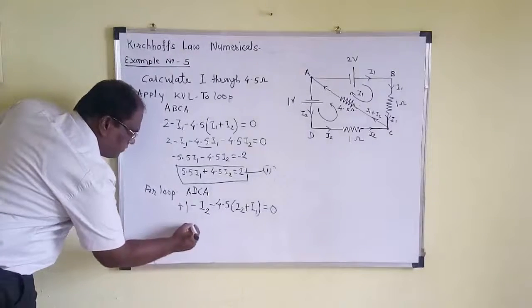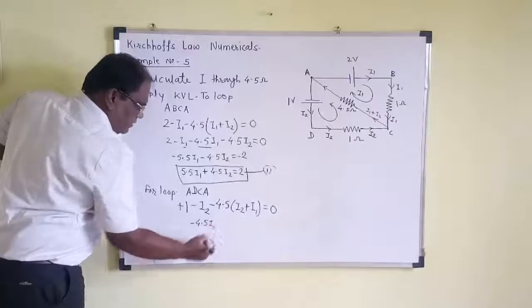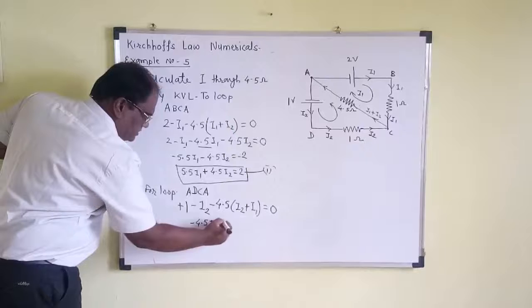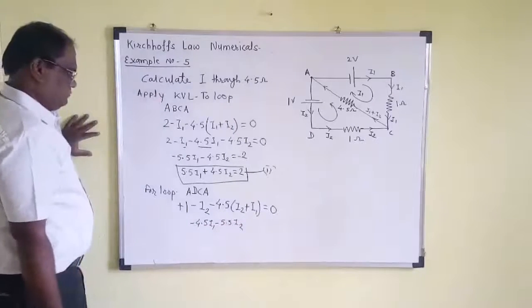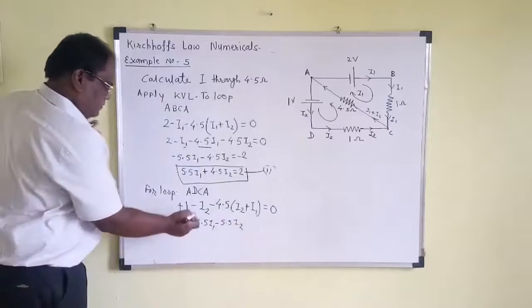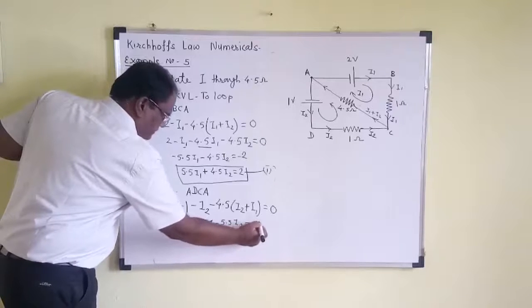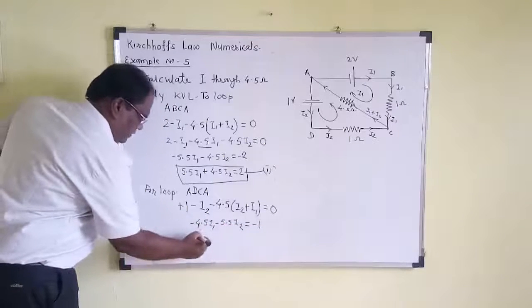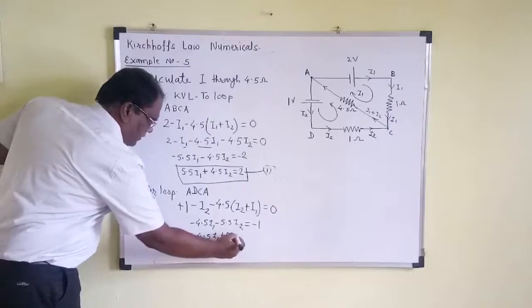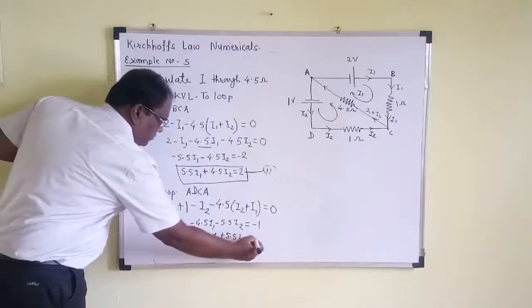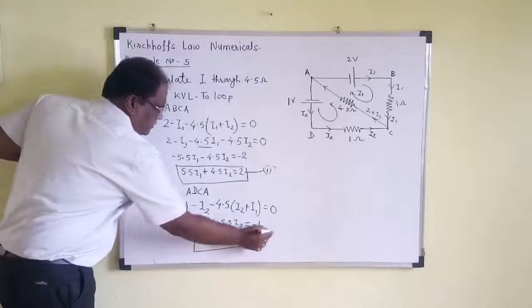Solve. Minus 4.5 I1 minus 5.5 I2 is equal to minus 1. 4.5 I1 plus 5.5 I2 is equal to plus 1. This is equation number 2.